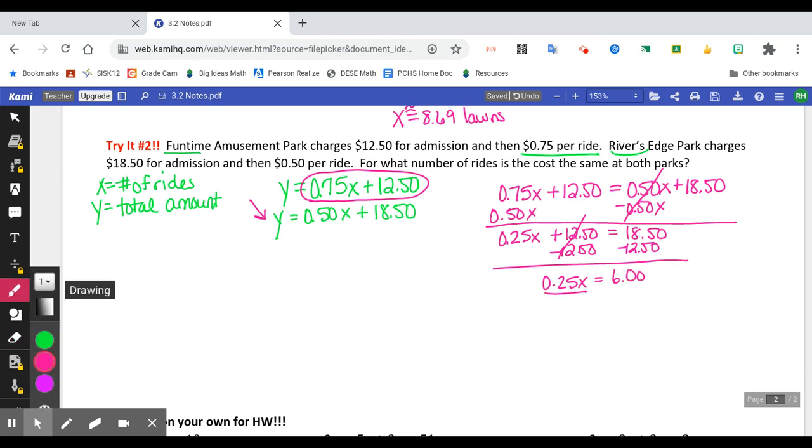Okay. Divide by 0.25. And x equals 24. And remember, x stood for number of rides. So at 24 rides, these two will be exactly the same.